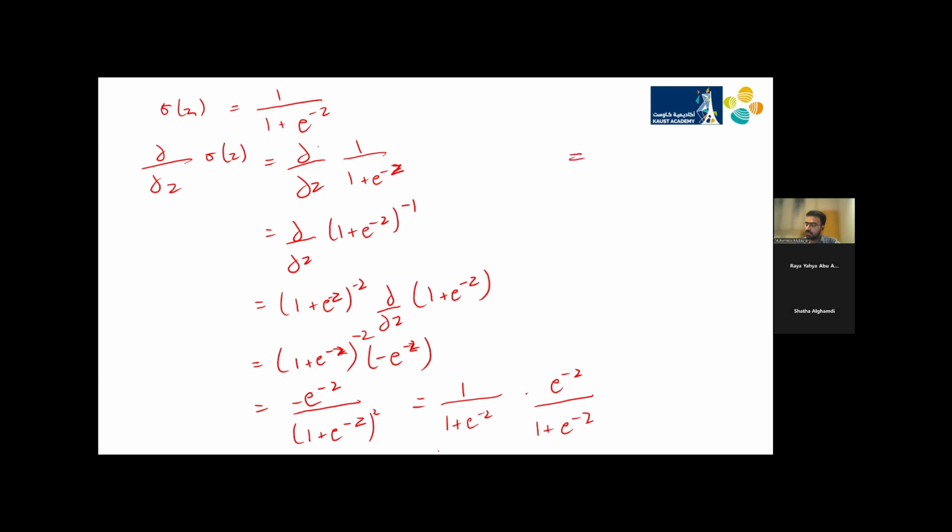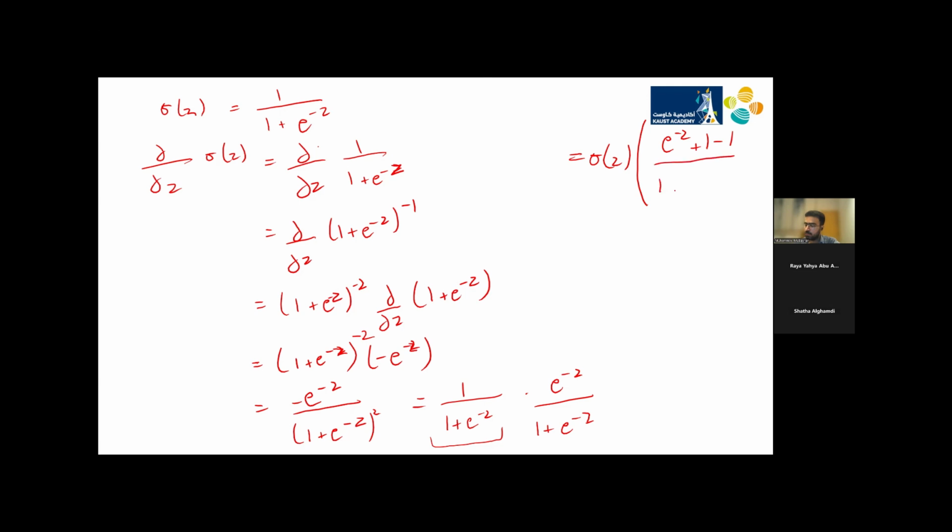So you can see that this thing is clearly sigma z, right? So we can write this thing as sigma z. And the other one, we further need to simplify. One way to do that is to add 1 and subtract 1 in the numerator.